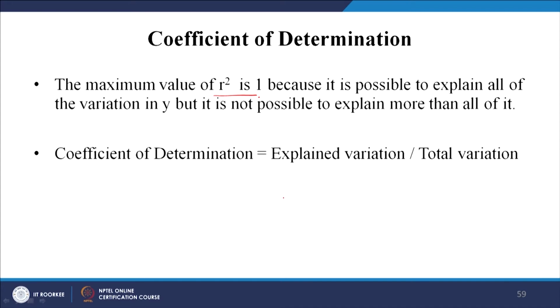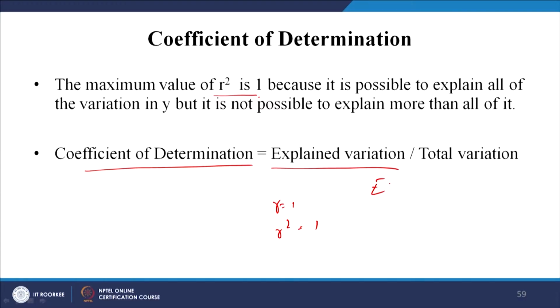That means if R is equal to 1, R square also can be 1, right. I will show you the coefficient of determination in regression also. Theoretically, it means the ratio of the explained variance to the total variance. Now, what is this total variance? Total variance is equal to explained variance plus unexplained variance, right.